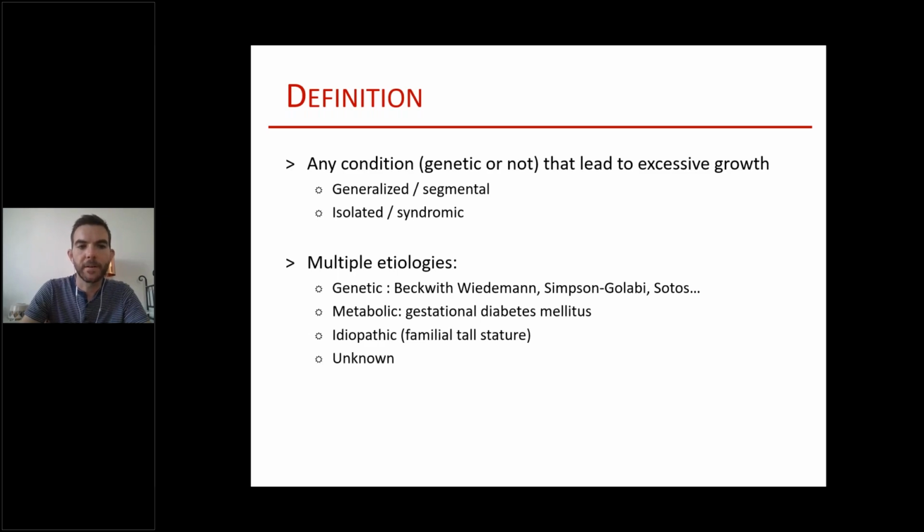The etiologies are multiple. It can be genetic or epigenetic, and I will focus on that during this webinar. But it can also be caused by metabolic defects. Sometimes it can be idiopathic, especially in familial tall stature. And for some patients with overgrowth, the etiology can stay unknown.